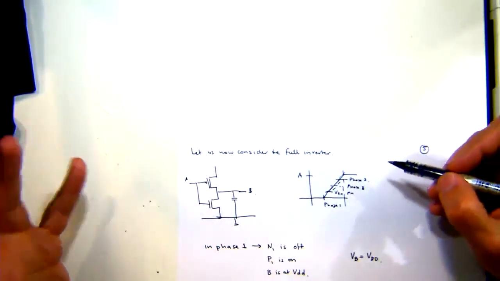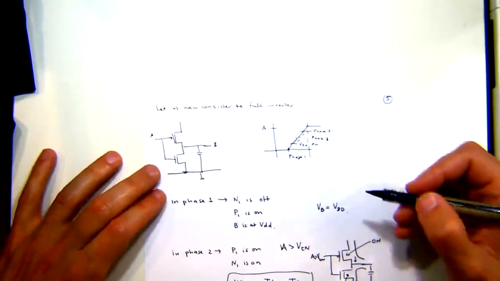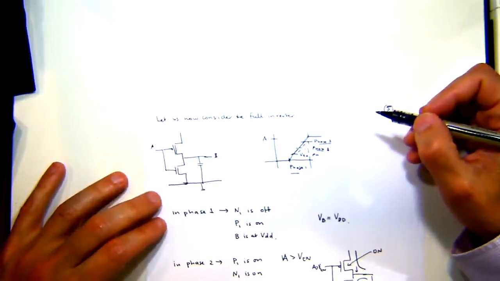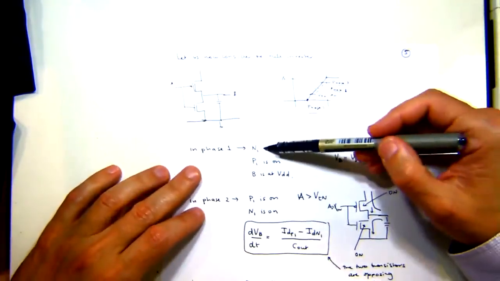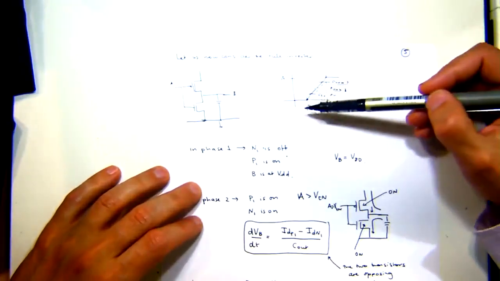What actually happens? What I'm trying to highlight is that there are 3 modes or 3 components to the output. Now in phase 1, as we said, N1 is off, P1 is on, B is at VDD.